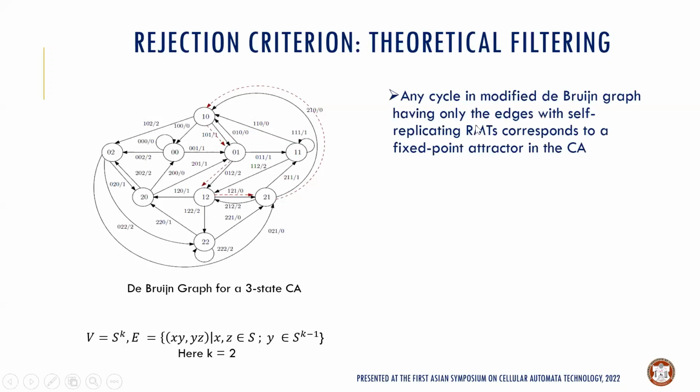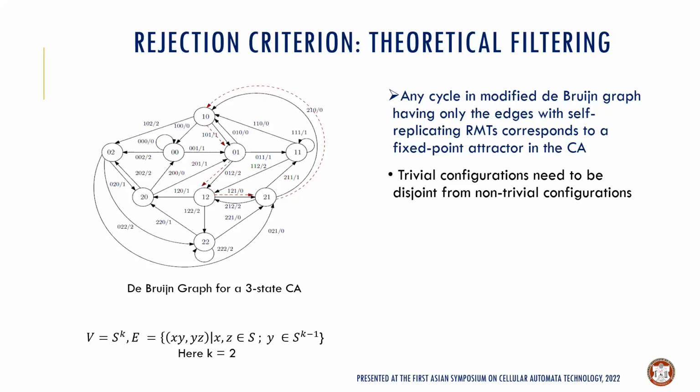So here, if we just consider the graph to be modified, having only the edges with self-replicating RMTs, that means the RMT has nested value same as the middle or the self position, then obviously any cycle in that graph is going to represent a fixed point attractor. In this way, we can detect if there is any fixed point attractor in the CA.